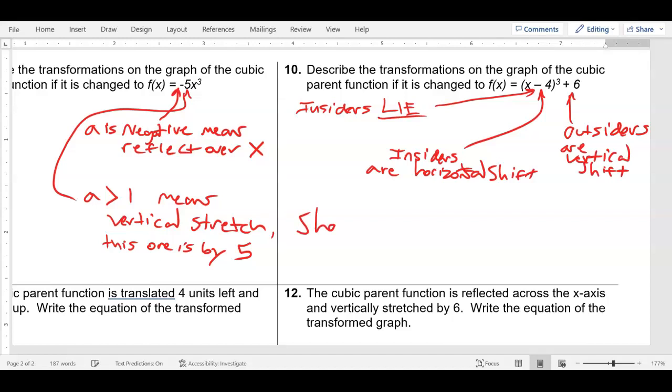So this one is going to shift right 4 and up 6. Cool.